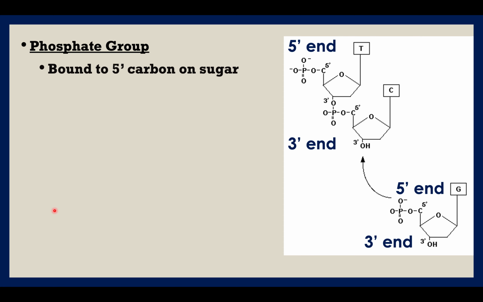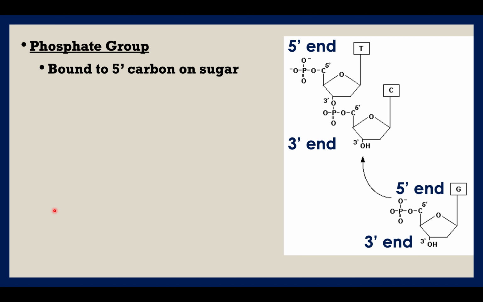Phosphate group. This one is the simplest of the three components that we've already looked at. But it's still pretty important because it is responsible for making the links in the backbone. This is what actually holds the backbone together. The hydrogen bonds that we discussed earlier are what keep the two strands together.